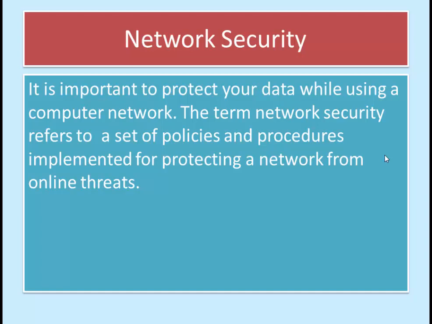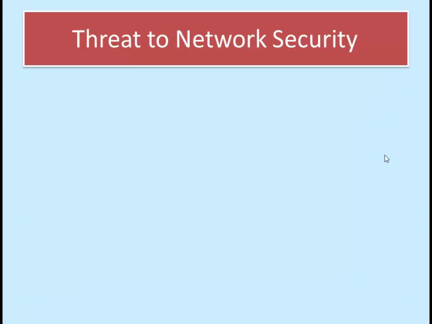So the term network security refers to a set of policies and procedures implemented for protecting a network. For this we have to follow certain policies and certain procedures, and we will talk about them in the upcoming slides.